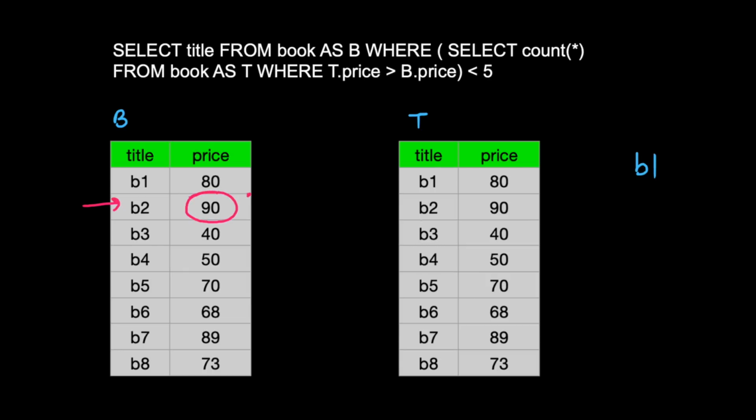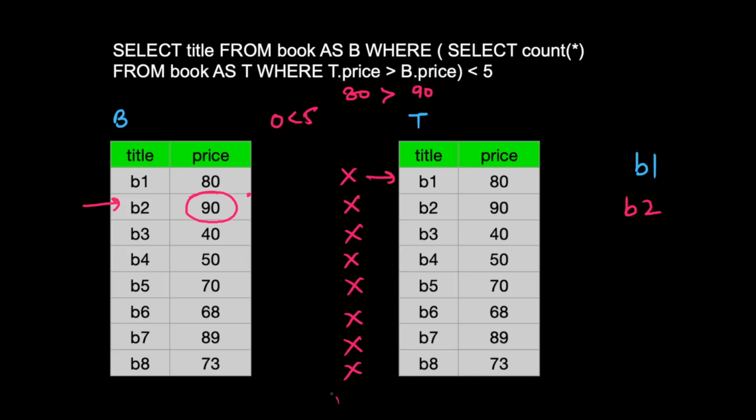Now we will take each of the records of the T table and compare. Whether this 80 is greater than 90? No. 90 greater than 90? No. Nothing is greater than it. The price of the T table for any title, any book, is not greater than this 90. That means the count, what count came? 0. And is 0 less than 5? Yes, 0 is less than 5. That means we will select the title B2 in our result set.